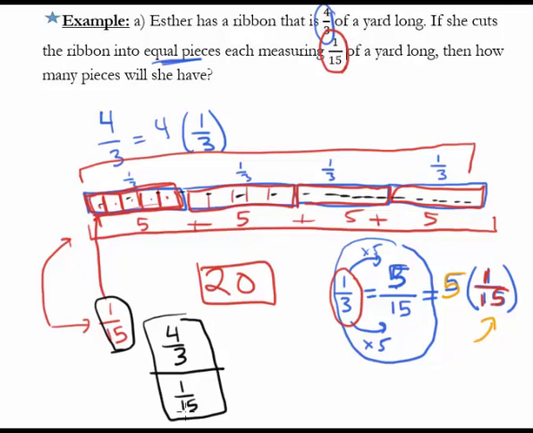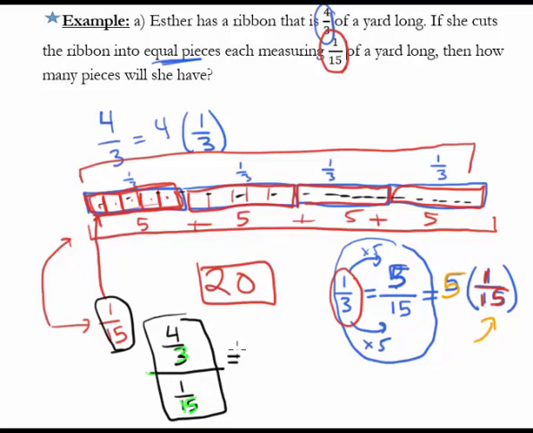So 4/3 divided by 1/15. We could do this in many different ways. We could use our flip-and-multiply algorithm, but that's not really that interesting. Let's instead say, I really wish I could measure the thirds with the 15ths. So let's try to find a common denominator between these two fractions that are within a larger fraction.